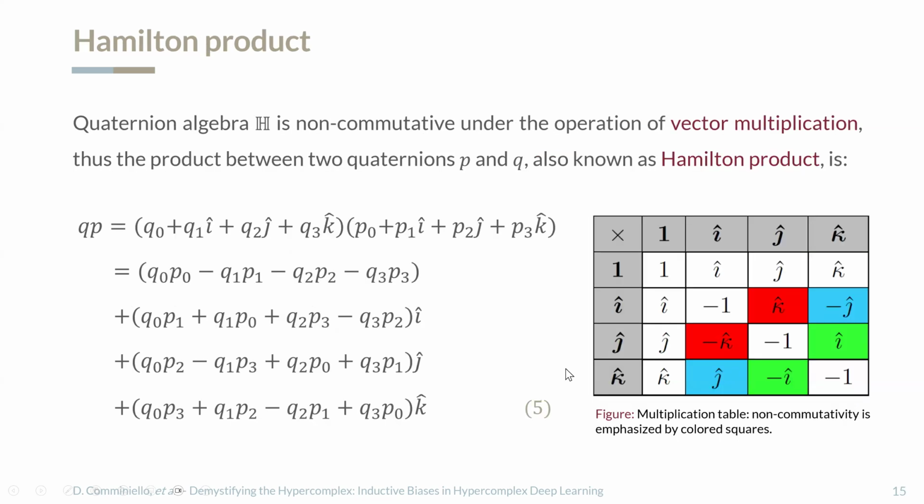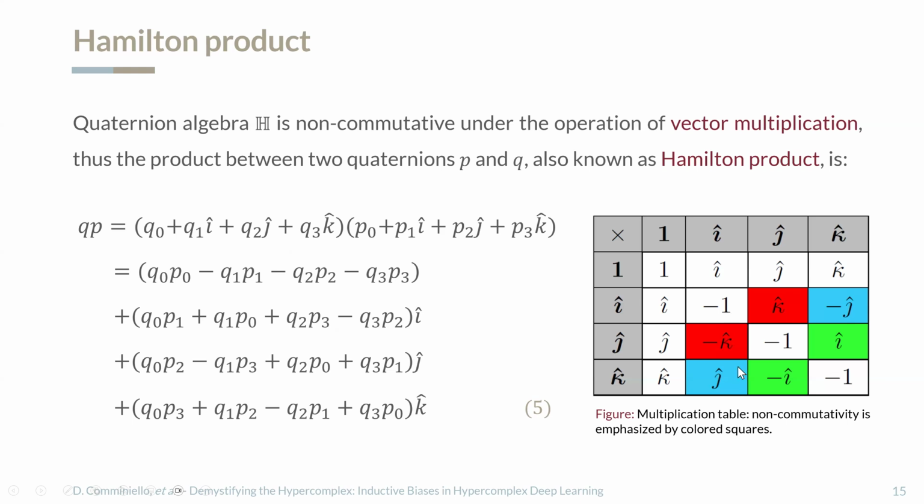Considering these non-commutativity properties, we have a representation that is also given by this multiplication table, where you can see on the main diagonal that we have 1 for the square of the real part. So the square of the real part is as it is, as it works in the real domain. But as long as we consider imaginary units, the square is equal to -1.